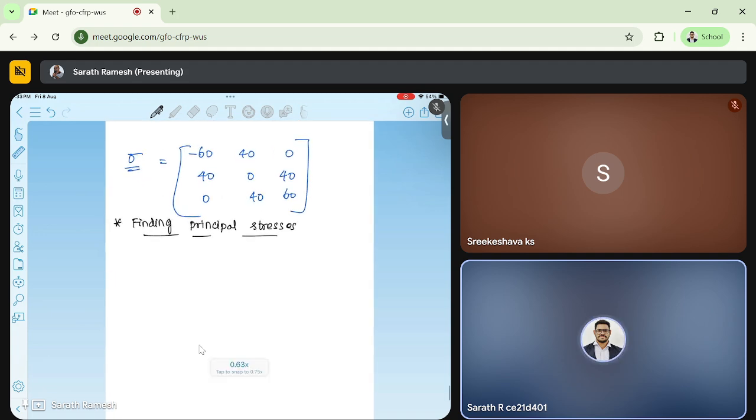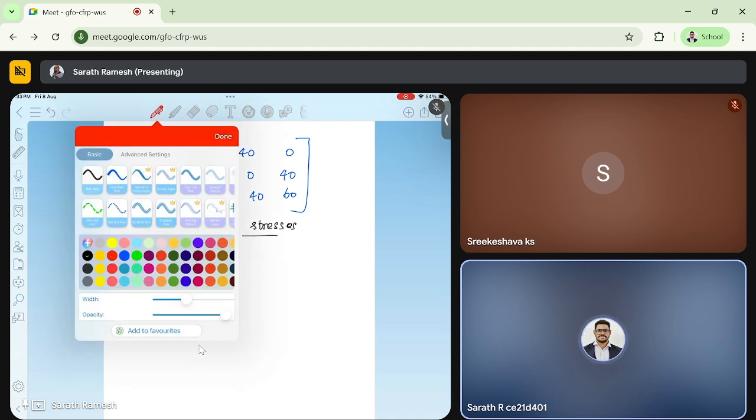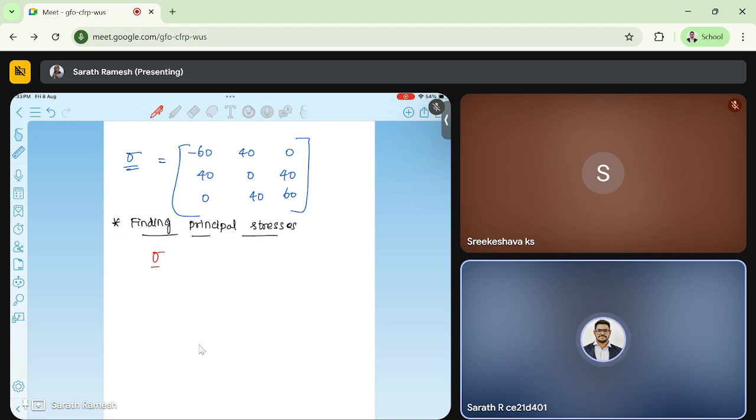We know from the derivation that the determinant of sigma minus lambda times identity, times some n vector, equals the 0 vector.